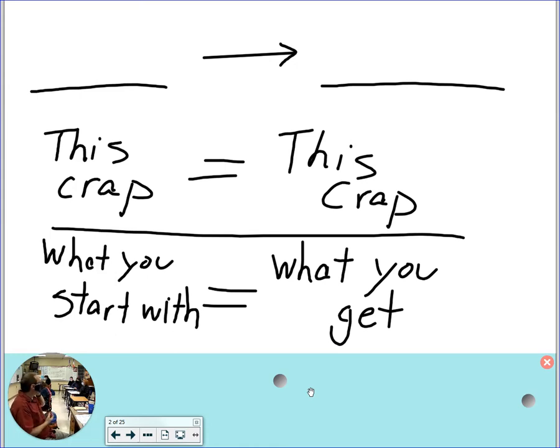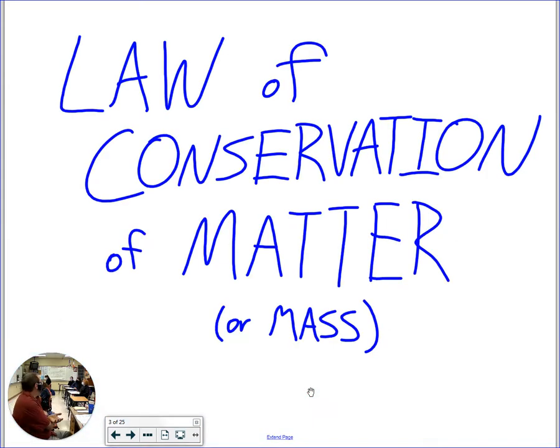But we also have to be able to keep an account of where every one of those atoms goes when we have a chemical change. And so we have to honor the law of conservation of matter, also sometimes referred to as the law of conservation of mass, which simply says that during a normal chemical reaction, atoms are not created or destroyed, they are just rearranged.